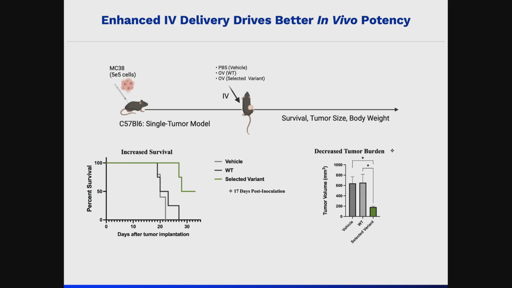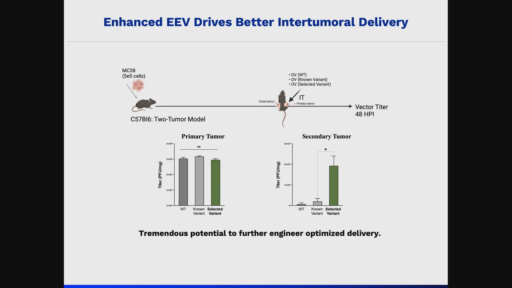We also wanted to test whether this virus was capable of traveling. In this case, we made it from a needle tip to a tumor; can it go from one tumor, a primary tumor, to a secondary tumor? So we modeled that by creating a bitumoral model and then injecting the virus directly into the first tumor. You can see here that all these versions that we tested arrived safely around the same amount inside the primary tumor.